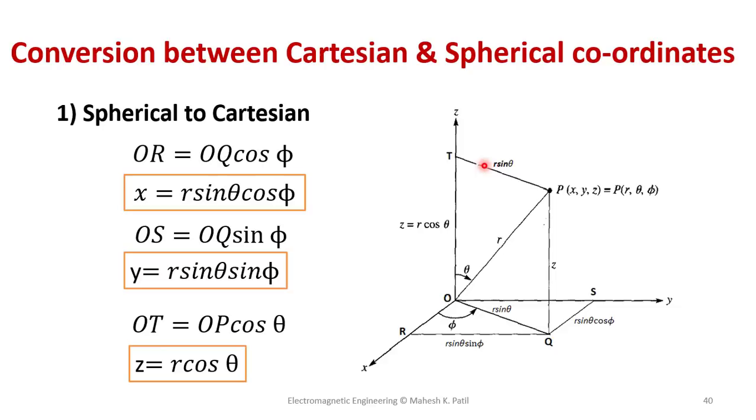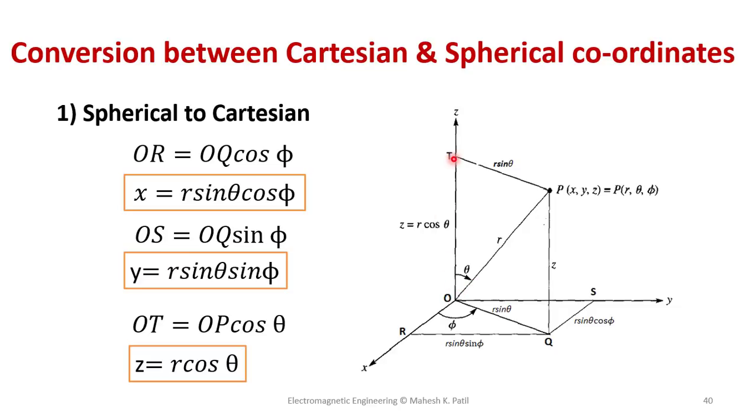So if I write the sine theta, so that sine theta will be front side divided by hypotenuse, so front side it is z side. So sine theta will be front side upon hypotenuse. If I simplify that, I am going to get this side answer as r sine theta.